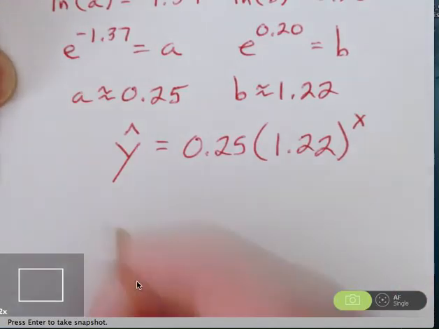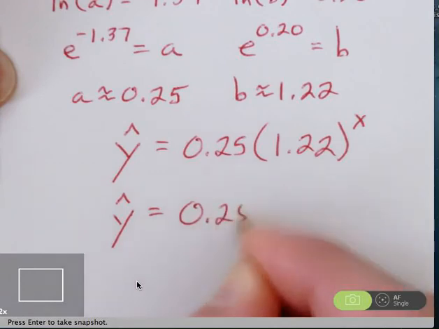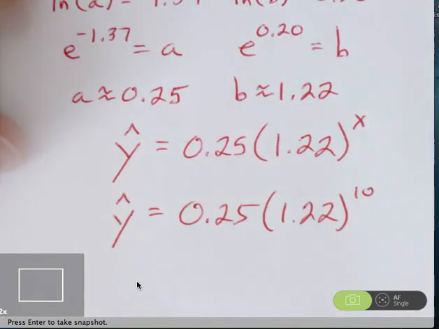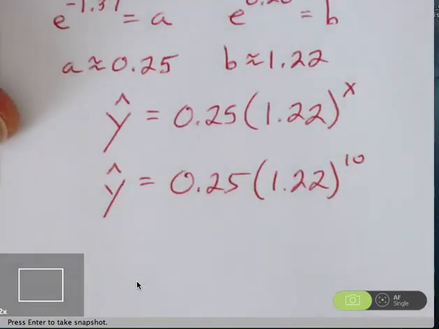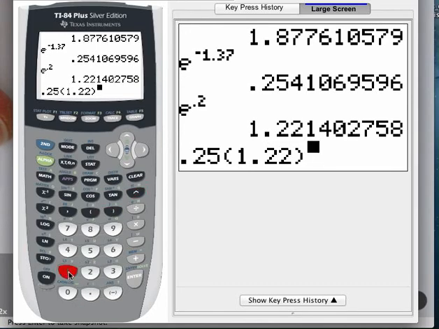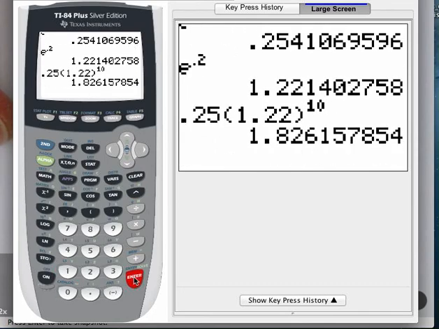So again, I could find my prediction simply by substituting in the 10. Now we've rounded a little bit, so we're going to get a slightly different answer. That's just rounding error. So if I go to the calculator and type this in, my constant is 0.25, my base is 1.22, and I can raise that to the power 10, and that should give us approximately the same answer. 1.83 approximately.